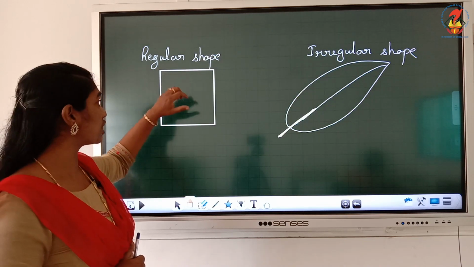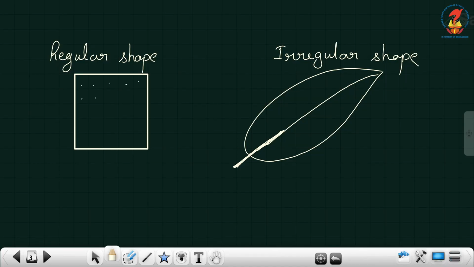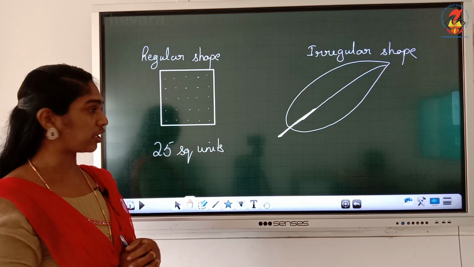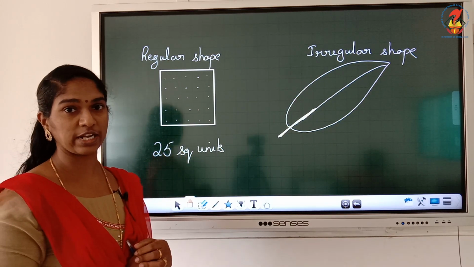For regular shapes, 1, 2, 3, 4, 5, up to 25. So, I can say the area of this figure is 25 square units. For regular shapes, it was easy for us to find out. We used to count the squares.